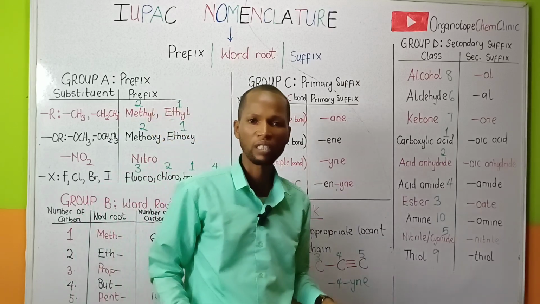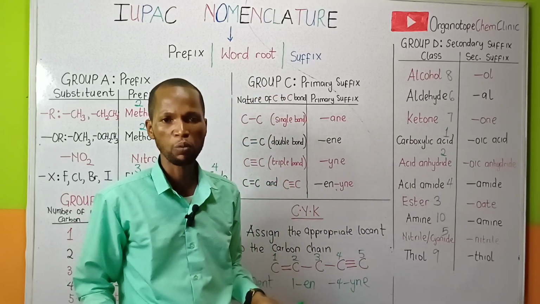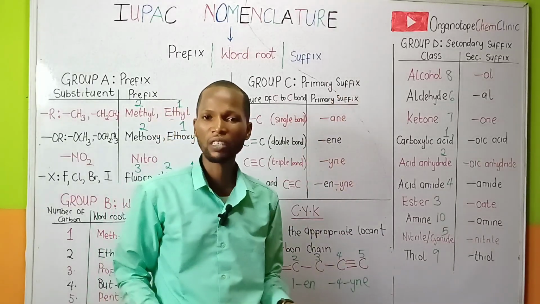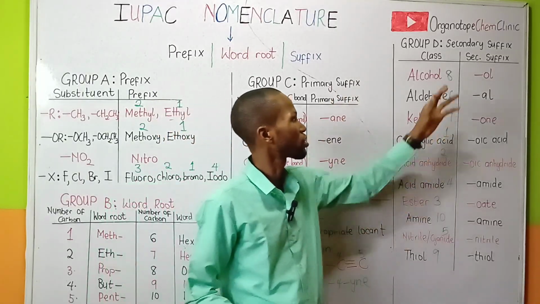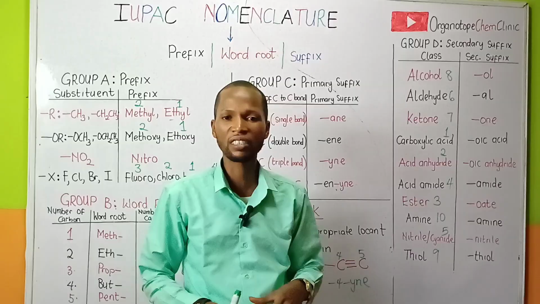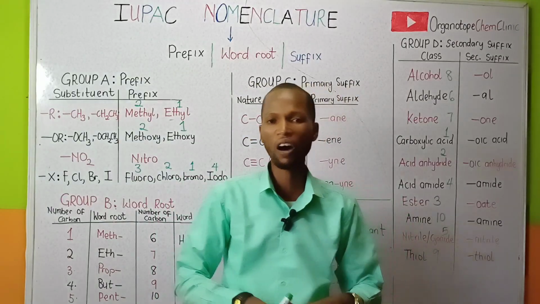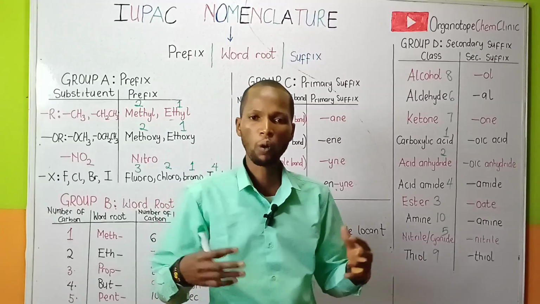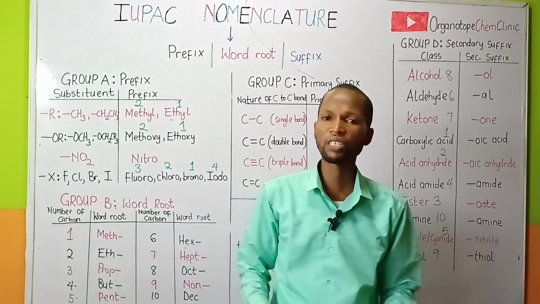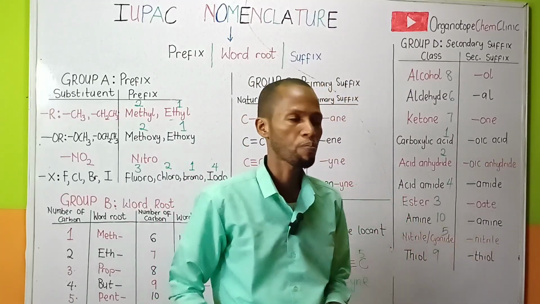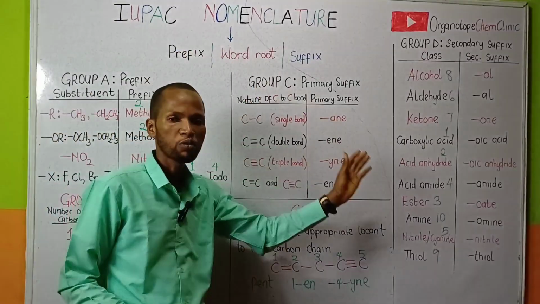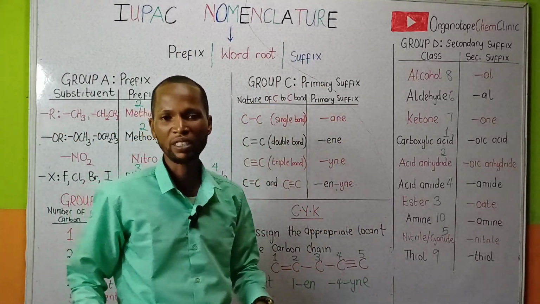Is it a carbon-to-carbon single bond, or a carbon-to-carbon multiple bond, double bond, or triple bond? Okay, that is what we have in the primary suffix. While the secondary suffix indicates the main functional group or the principal functional group that we have in the organic compound. So we need to understand that when considering the IUPAC nomenclature of organic compounds, we follow the order prefix, word root, suffix. Make sense?